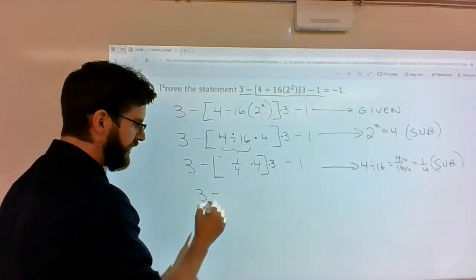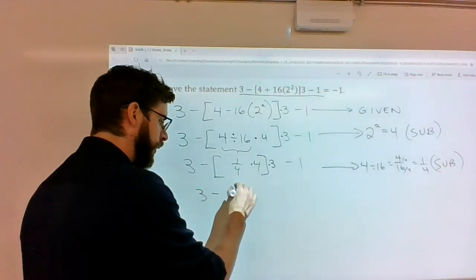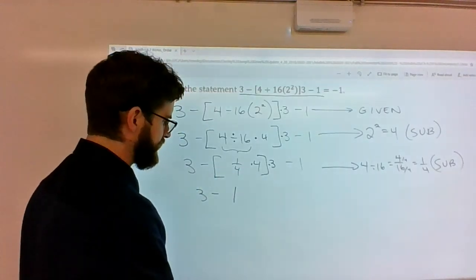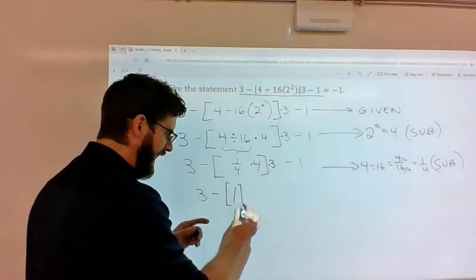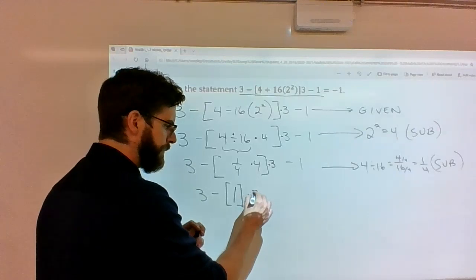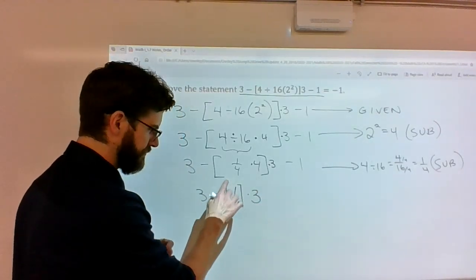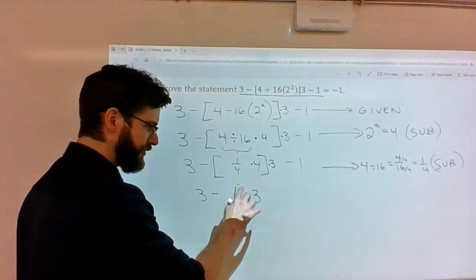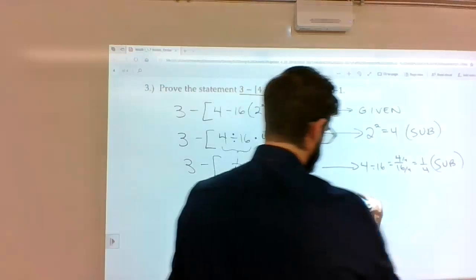We got one more thing we got to do. We've got 1/4 times 4. That's going to equal 1. All right, we got one number inside the bracket now, and if it's being multiplied by 3, I almost feel like we can just write this as maybe 1 times 3. Yeah? And there's still a -1 at the tail end of this.